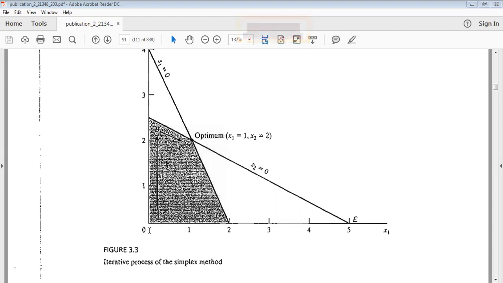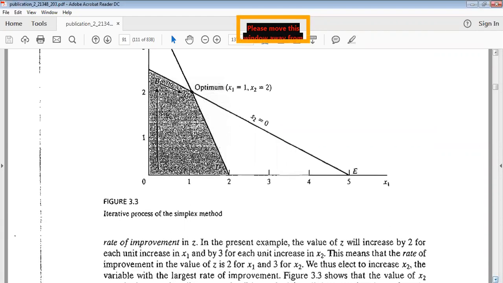So A, B, C, D, like this. Whatever the points, you have to identify all the particular points.